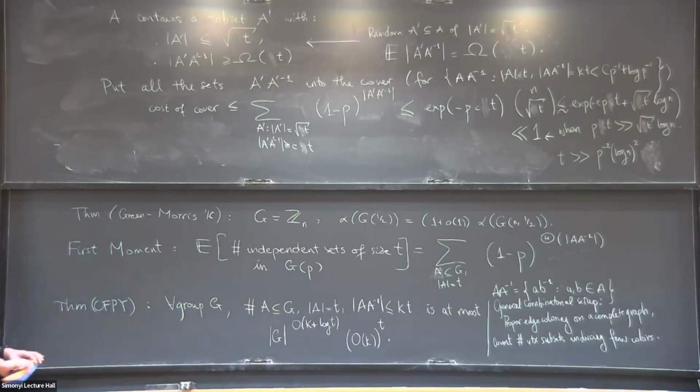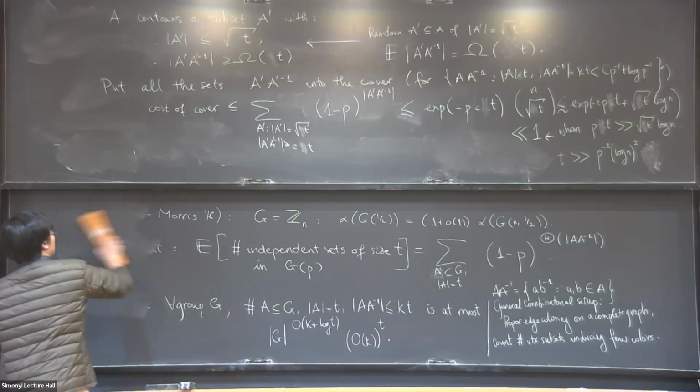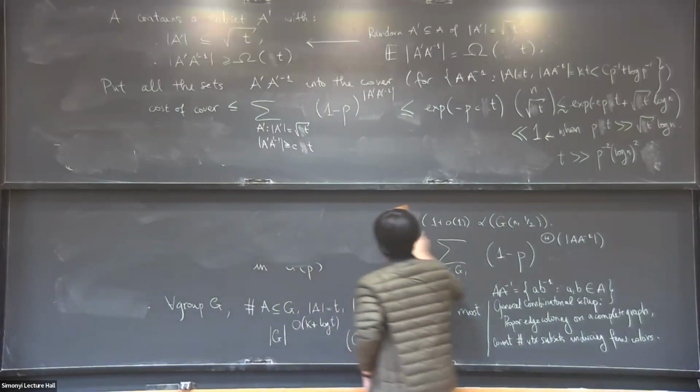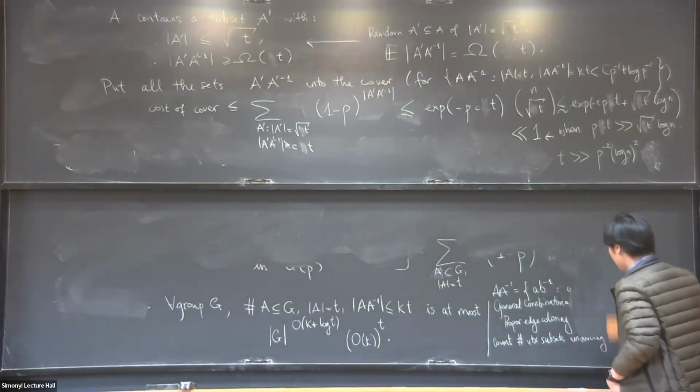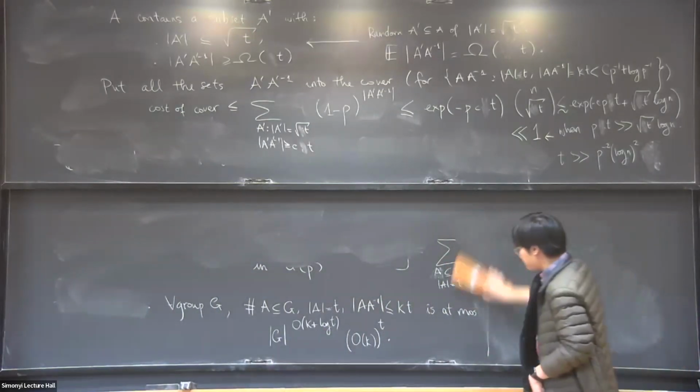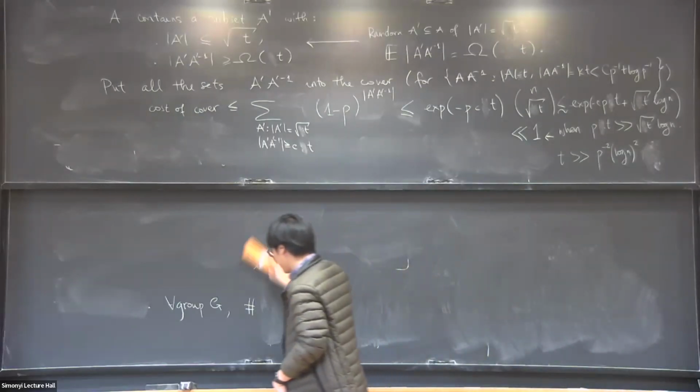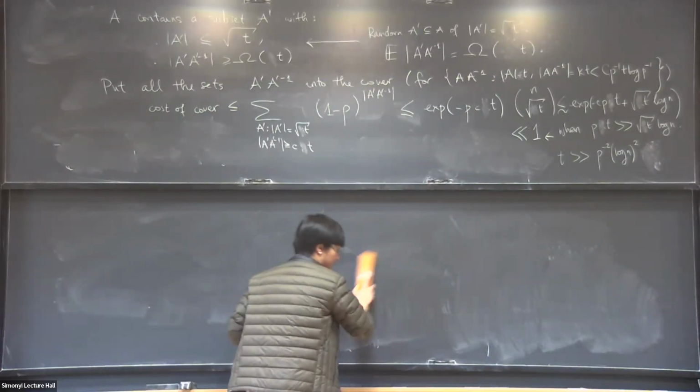We should think of p as some polynomial in n to the minus c for some small constant c, and you want to replace exponent 2 with exponent 1. Ideally, yes, up to logarithmic factors. But for now, we are content with some improvement on that exponent.